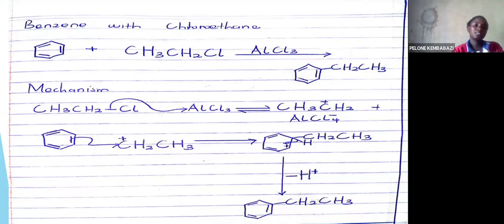But for benzene, the single bonds and double bonds are rotating with each other. So once we bring in the electrophile, the carbon on which we have brought it will remain unstable.